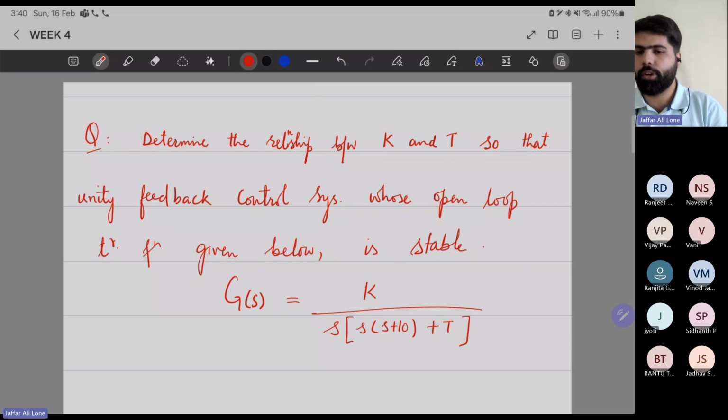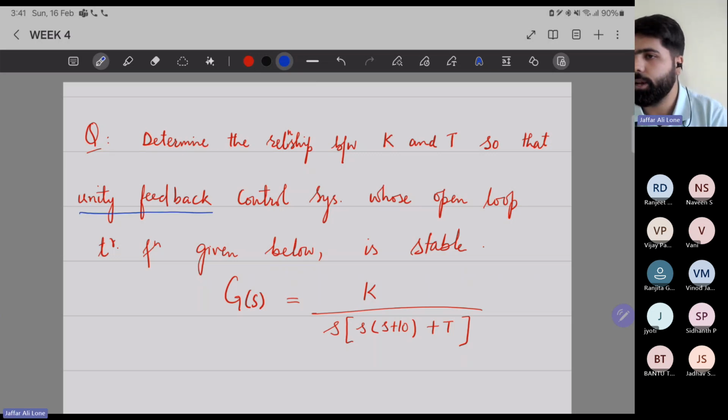Now, please try to solve this. This is a very, very interesting question. You have to carefully read the question and understand the catch points, the points where you'll be easily making mistakes. I'll give you a hint. One thing is it's a unity feedback.